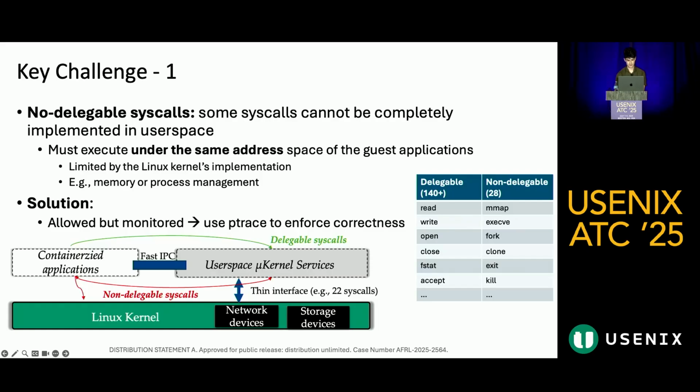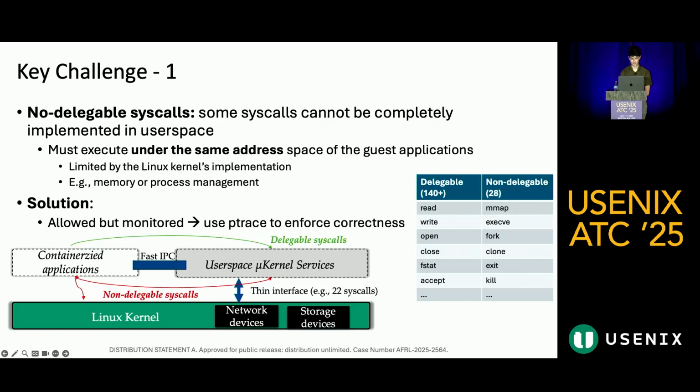Our solution is to allow these non-delegible calls to run, but to trap and monitor them using ptrace. When a guest application issues a non-delegible system call, it's intercepted by LITESHIELD's core microkernel service, which performs sanity checks, validation, and other inspection before allowing the system call to proceed.